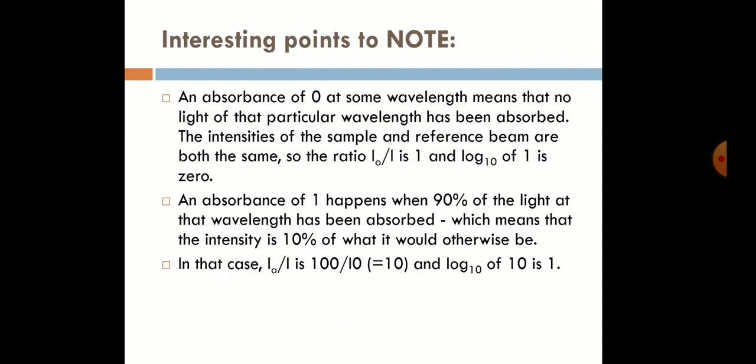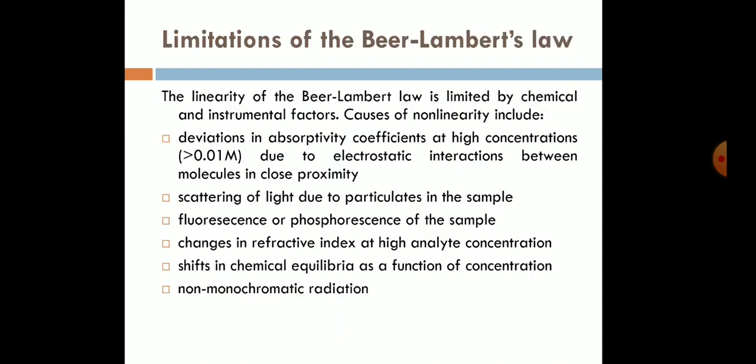So in the expression I naught by I, the intensity of the incident light is 100% and the intensity of the transmitted light is 10%. That gives us 10 and log 10 is nothing but 1. So the value of absorbance ranges between 0 to 1.